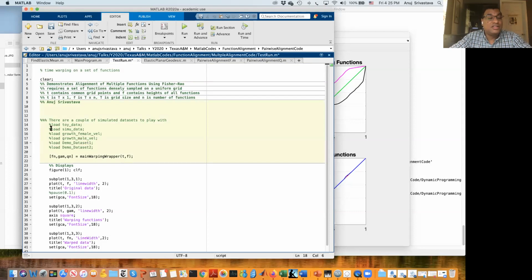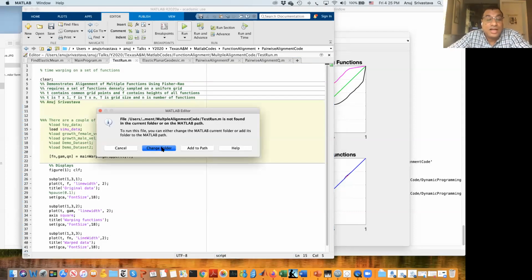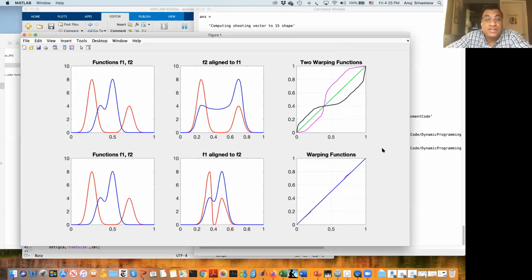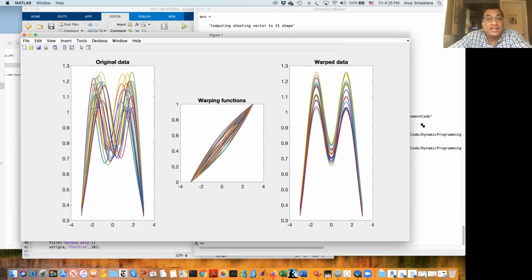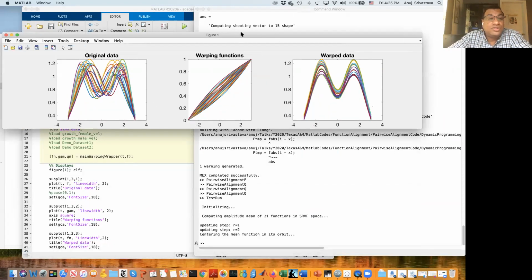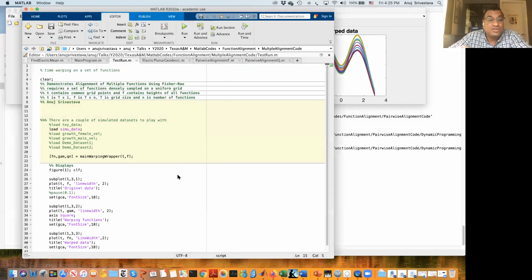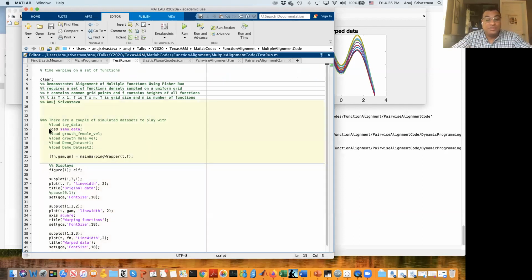I'll start with this one called simu data and run the code for alignment. It runs through a certain number of iterations, and this is the result. It's that fast. I showed you this particular picture earlier. The left picture is what goes into the code, and the right two pictures are the output: the aligned functions, which we call the amplitudes, and the time warping functions, which are called the phase. Fully automatic, there is no tuning of any parameter.